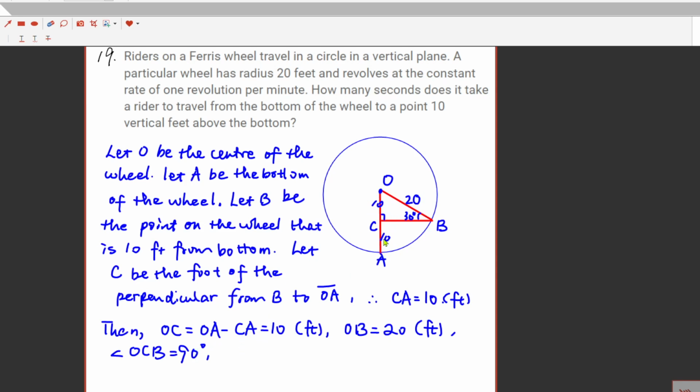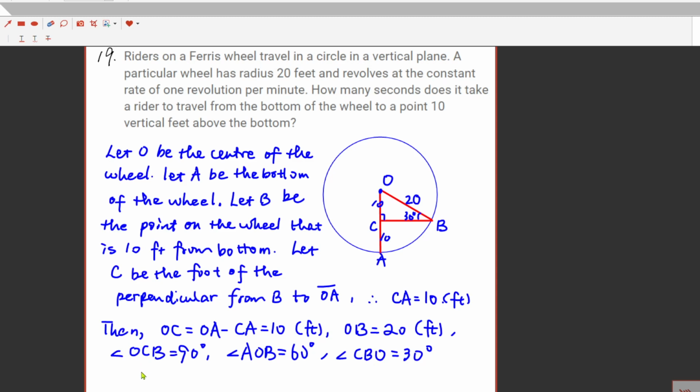So AOB is 60 degrees, and angle CBO is 30 degrees. So there are 360 degrees in a full revolution, right? And there is 1 minute or 60 seconds in a revolution.